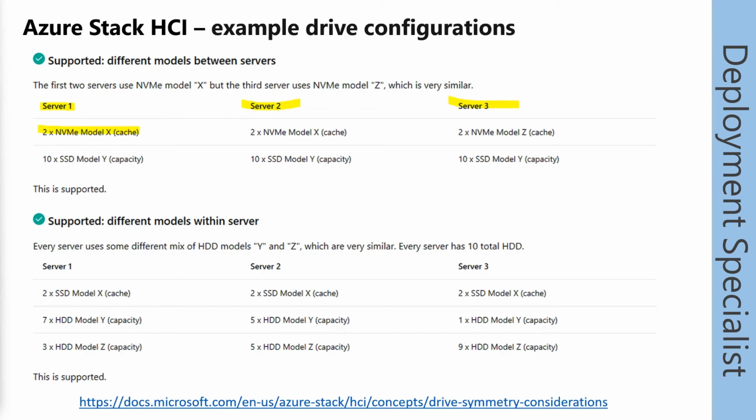Then it's clear each server needs 2 NVMEs. But what we can see here, the NVMEs are different. Server 1 and 2 has model X, and server 3 has model Z. So each server also has 10 SSDs, and the SSDs are identical. So we have the difference here in the cache drive.